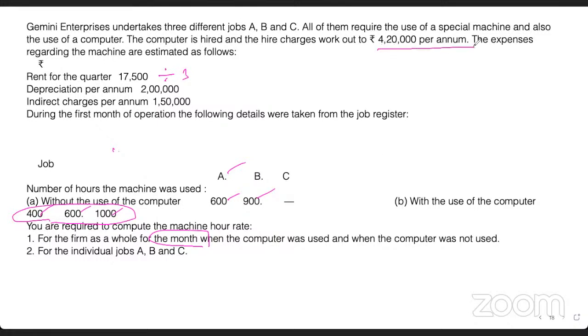So 4,20,000 divided by 12 as the numerator, and the denominator is the number of hours computer is used, 2,000. So rate per hour is 17.5.